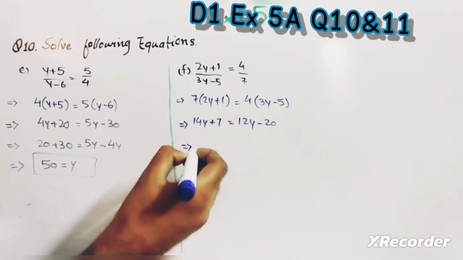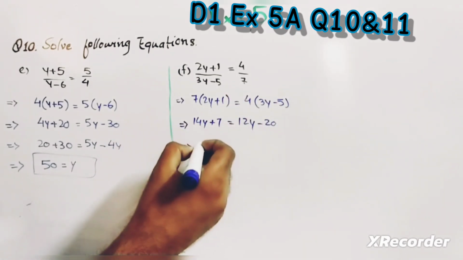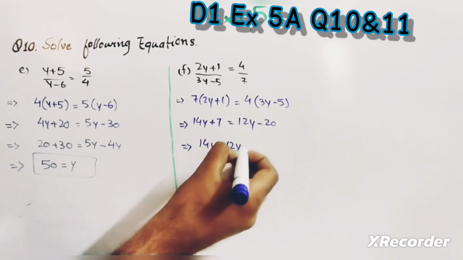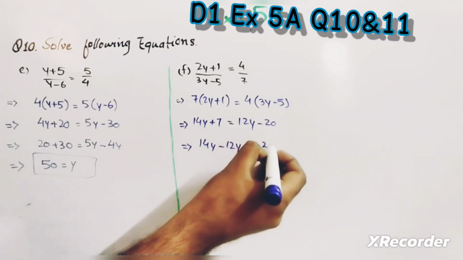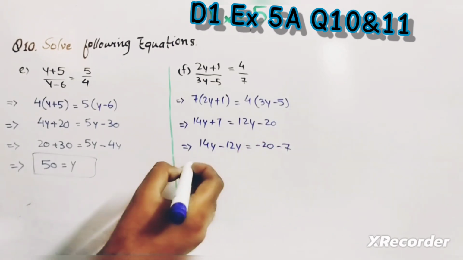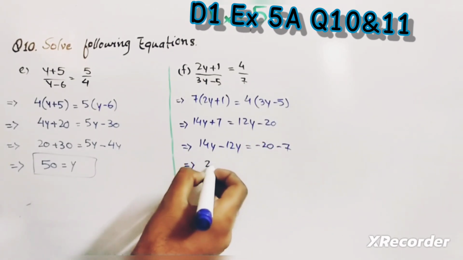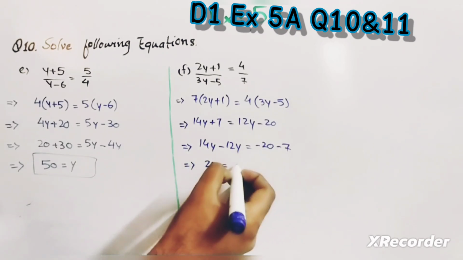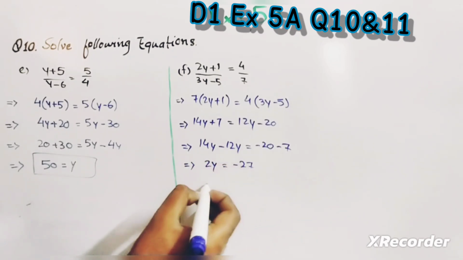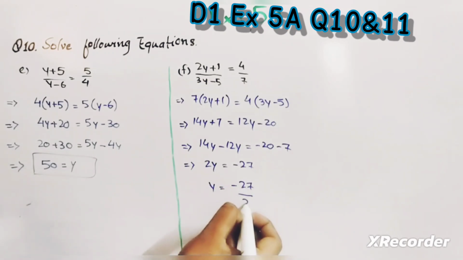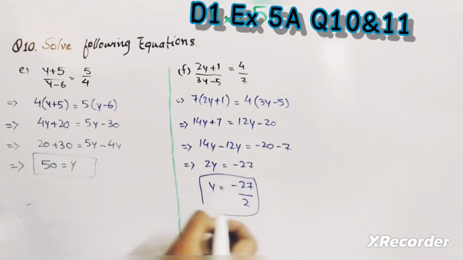Now by rearranging, what we get is 14y less 12y is equal to minus 20 minus 7. 14y minus 12y will become 2y is equal to minus 27, and our y will become minus 27 upon 2, and that is our required answer.